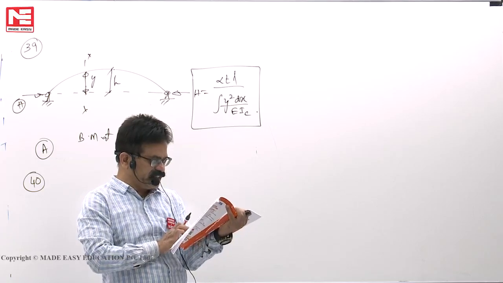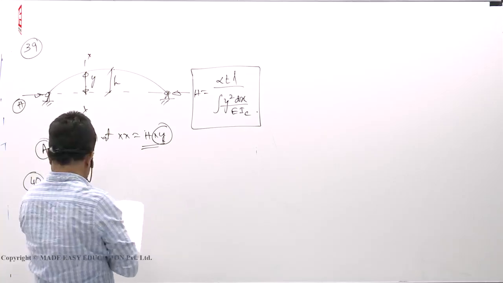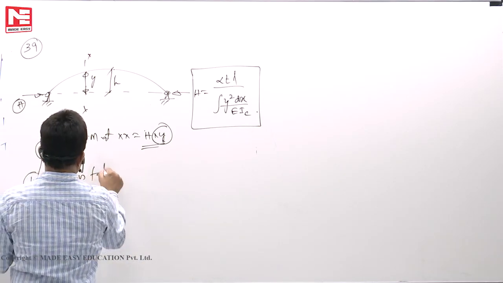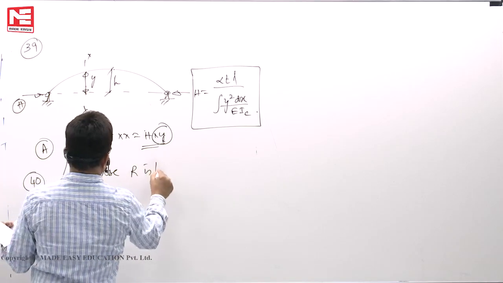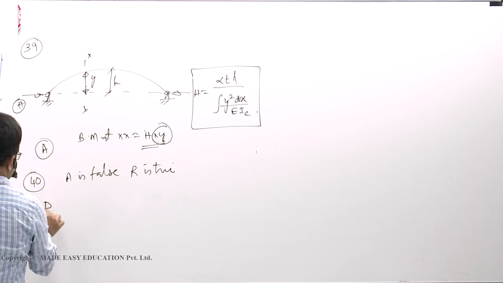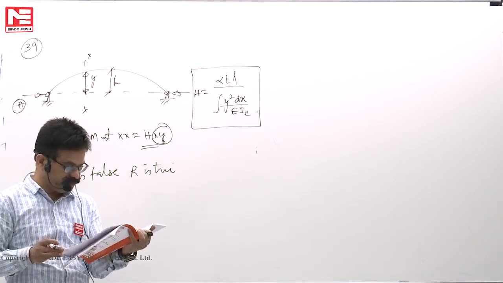With rise in temperature, horizontal thrust at supports will decrease. So assertion A is false, R is true, which means D is the option. 40th question, D is the option.